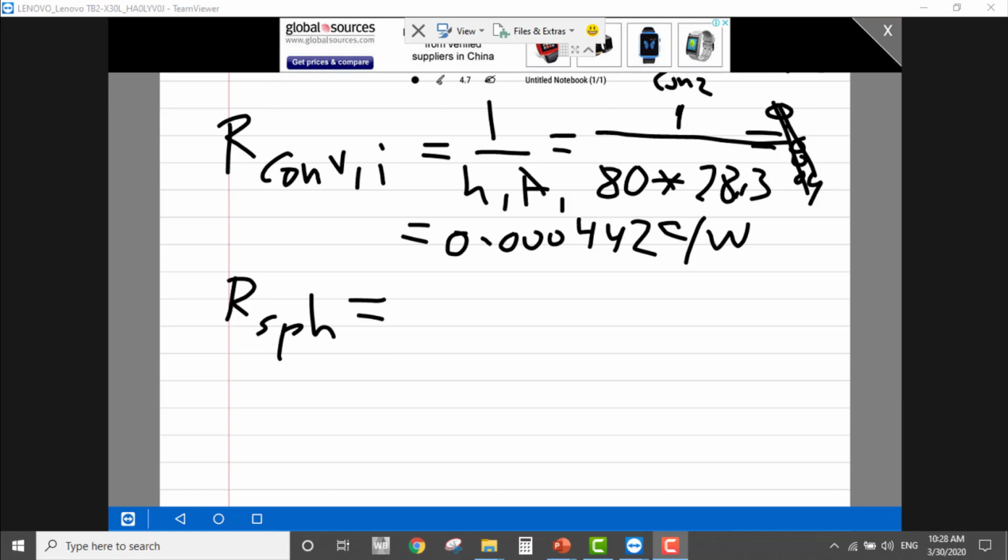And this is our conduction. Remember, this is our conduction for spherical geometry. What is the rule?